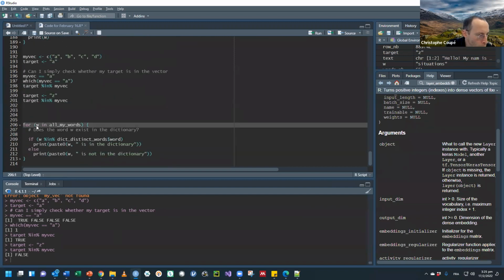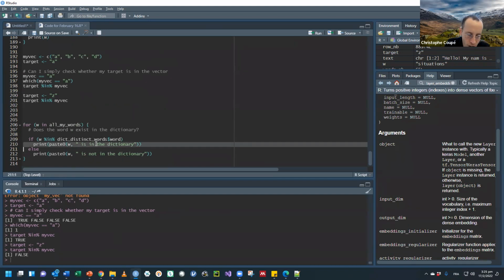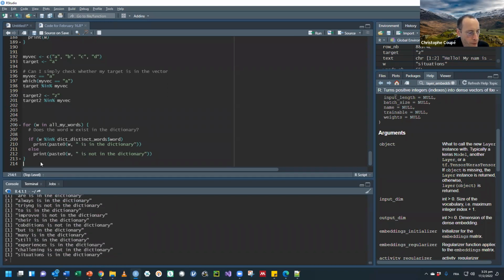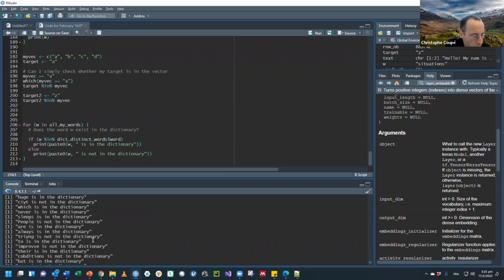We check all the words in my list of words. And then for each word, we check whether it appears or not in the dictionary. If that's the case, we say the word is in the dictionary. If that's not the case, we say the word is not in the dictionary. We can try that. So if we do that, you see what we have?